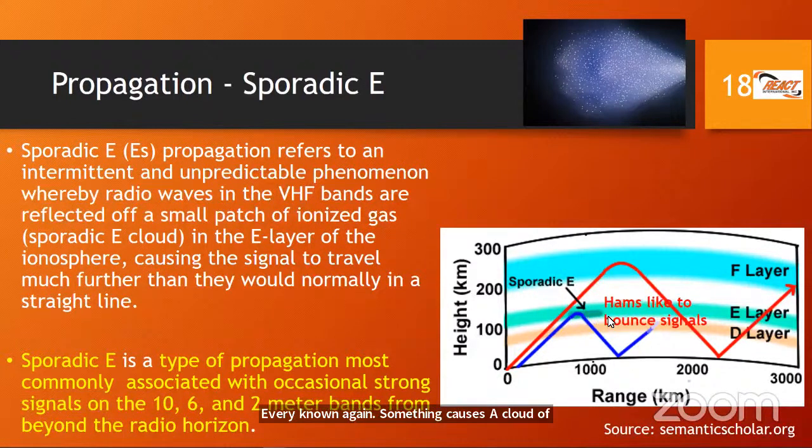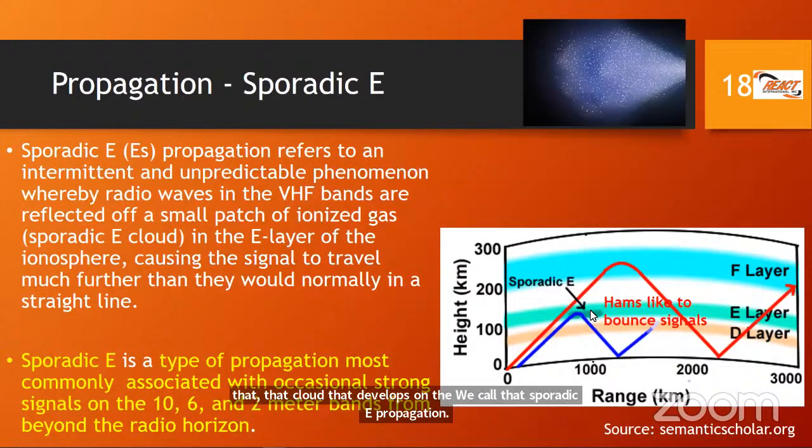Again, it's not very well understood, but there are several factors believed to cause it, and it is observed for a period. When we bounce a signal off of that cloud that develops in the E layer, we call that sporadic E propagation. Some people note it as ES, right?